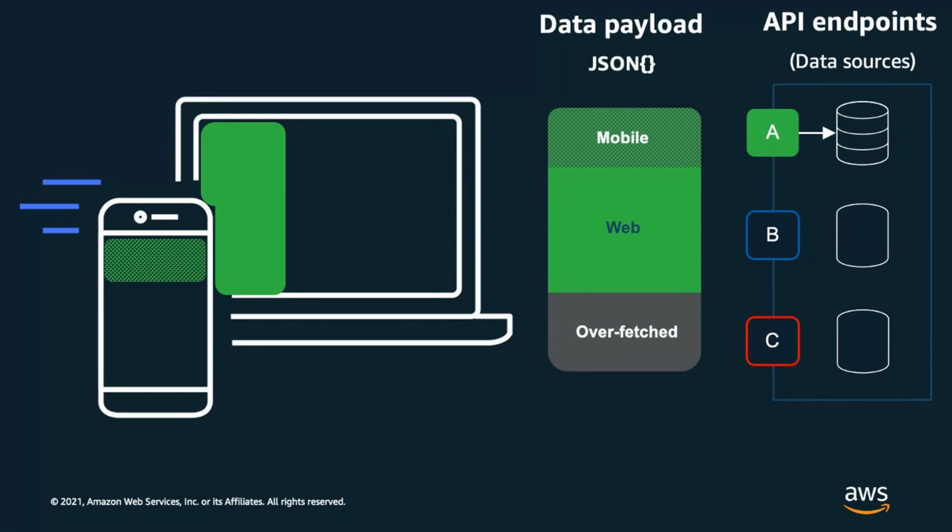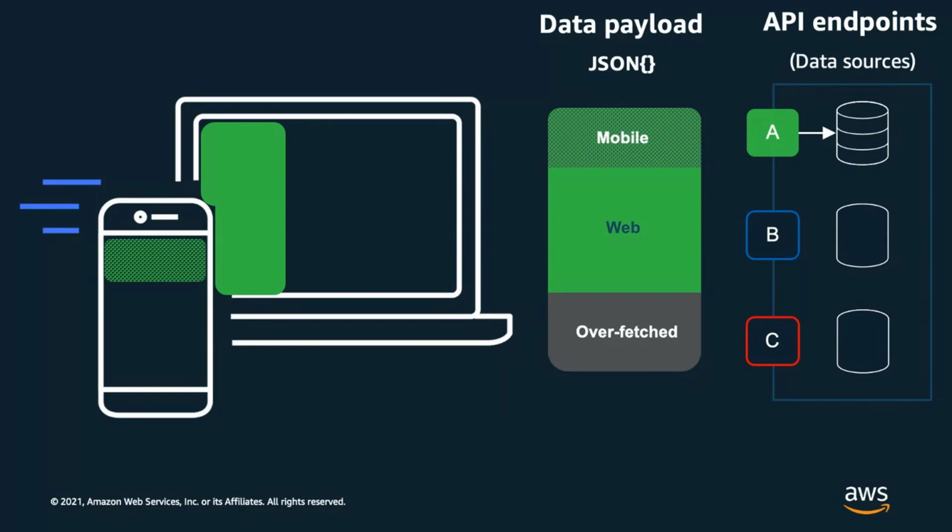With traditional APIs, such as REST API, for example, loading the data is done sequentially. First, I need to access endpoint A to retrieve some of the data and populate the application user interface accordingly. The response payload in a traditional API is usually static. No matter the device I'm using, I'm always going to get the same payload.